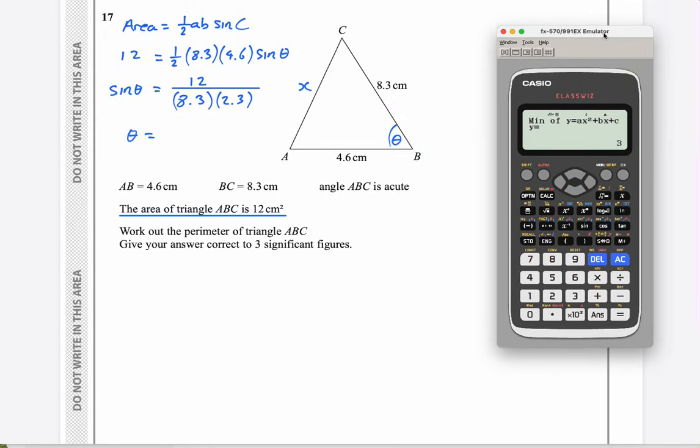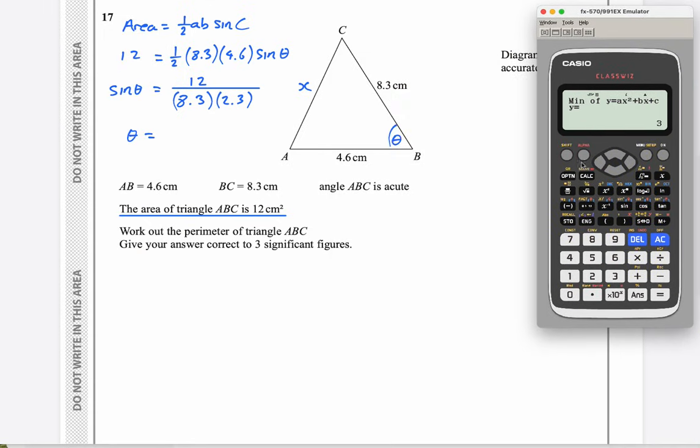So if sine theta is that, let's just go back here. Shift sine gives me the inverse sine of 12 over 8.3 times 2.3. Sorry, I wrote x for some reason. 8.3 times 2.3.